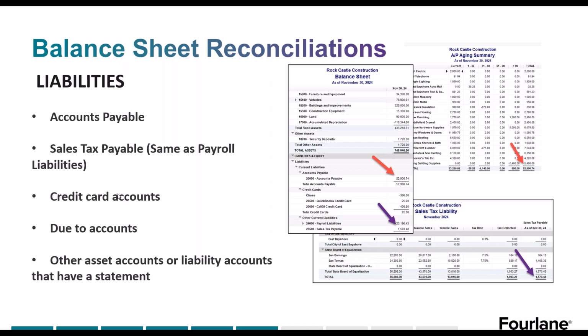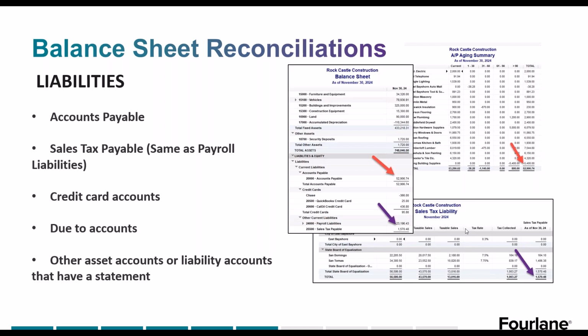Okay, due to and from accounts. This is used typically with intercompany transfers, for example. And the trick on this one is to take a look at the other company, right?